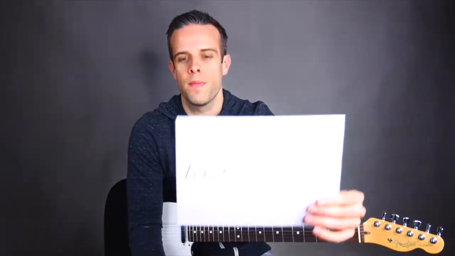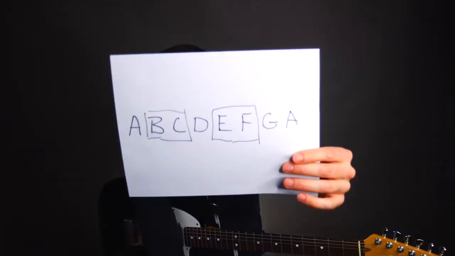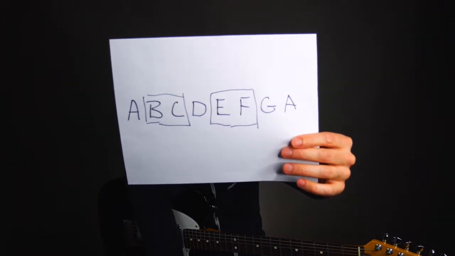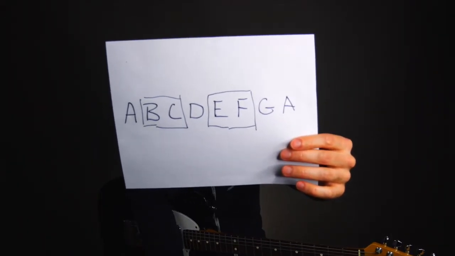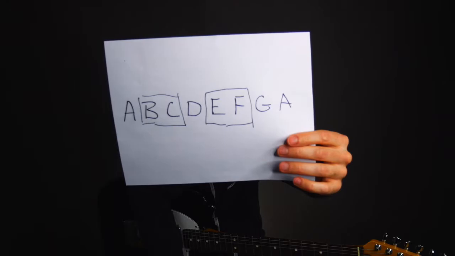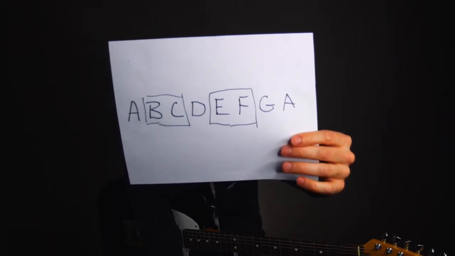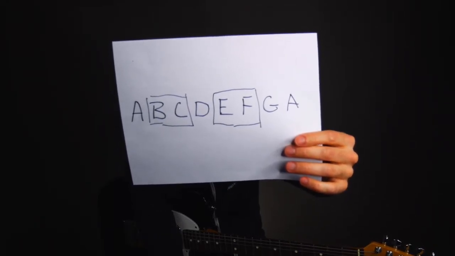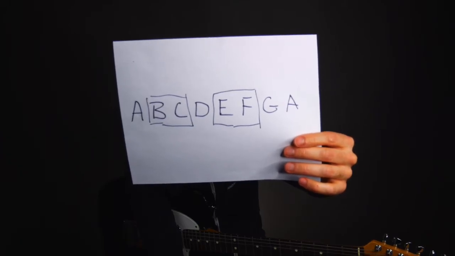So here's how it works. See if you can see this there. A, B, C, D, E, F, G. You might notice something different about the B and the C and the E and the F. Well, you'll notice the boxes.